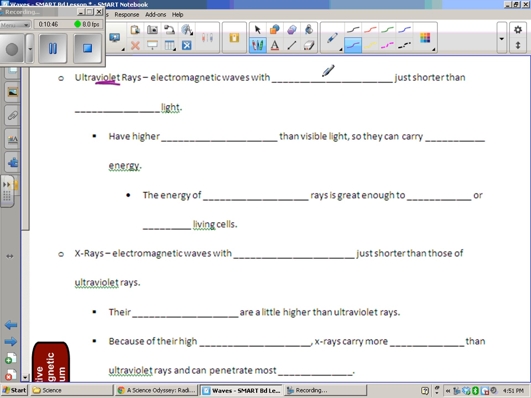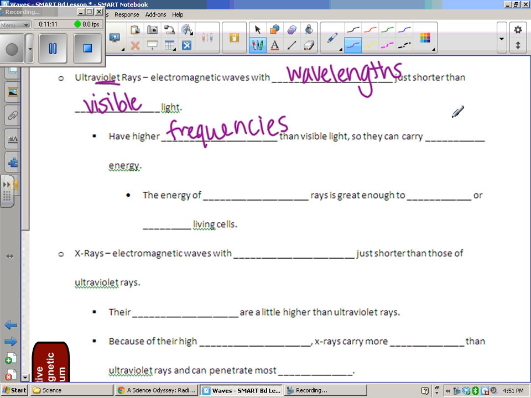Ultraviolet rays are electromagnetic rays with wavelengths just shorter than visible light. So they have higher frequencies than visible light, so they can carry more energy.